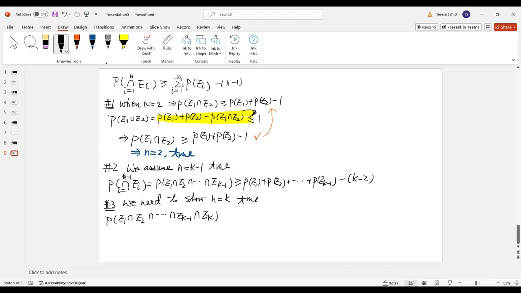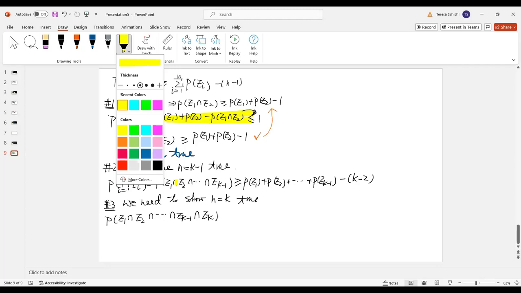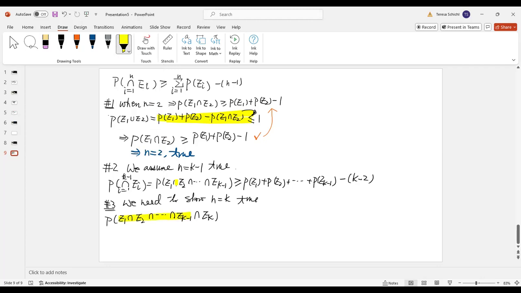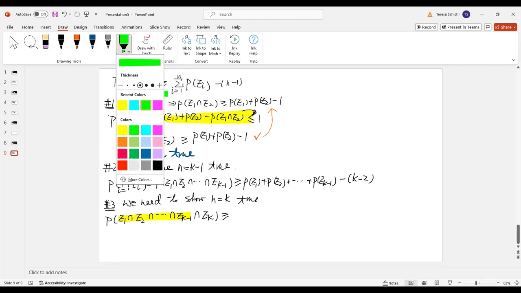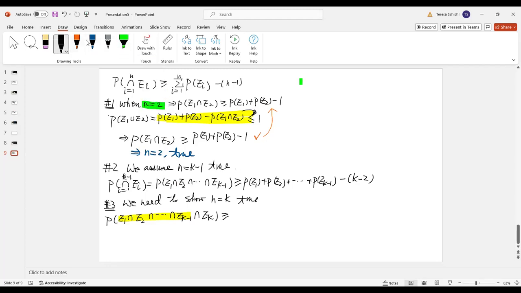Because n equal to 2 is true, I can treat E1 intersect E2 all the way to E(k minus 1) as one unit and plug into what I just proved.